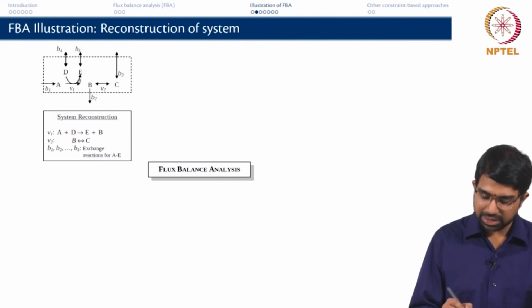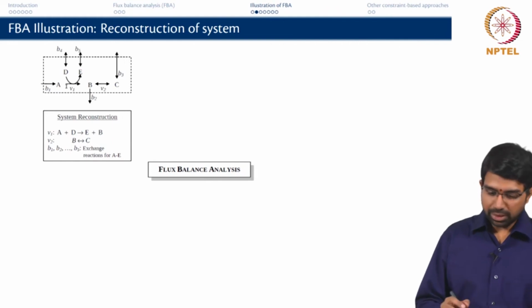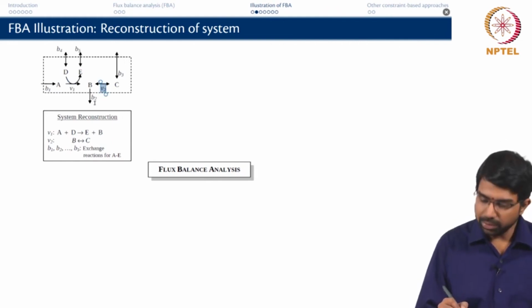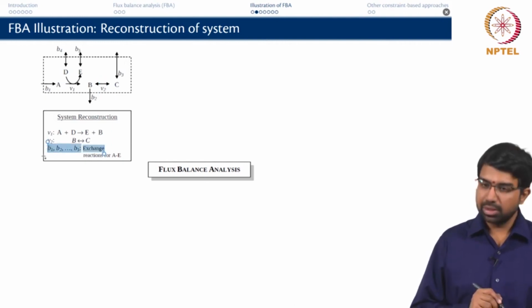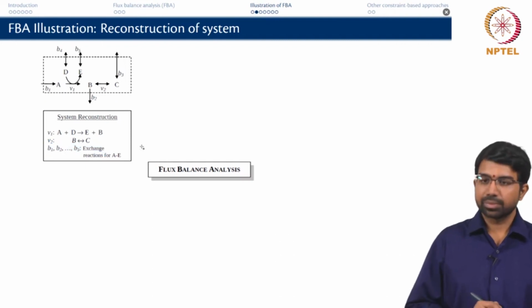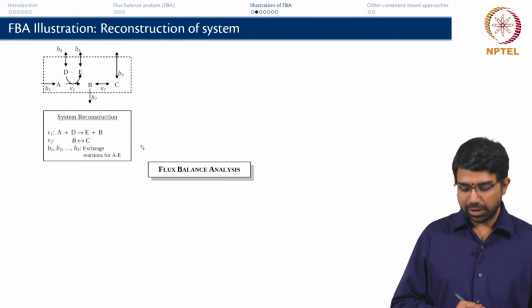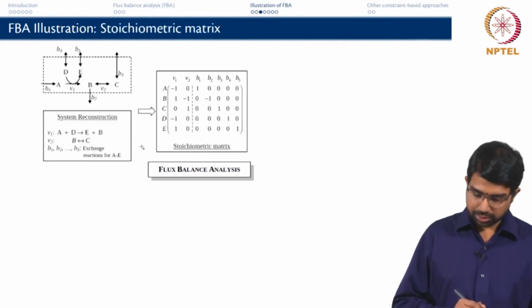It is basically A plus D giving E plus B. This is how you normally write in biochemistry, right? ATP becoming ADP or something like that. So that makes it 7, right? So you have two internal reactions, V1 and V2, and you have a bunch of exchange reactions, B2 to B5. Fair enough? So the stoichiometric matrix will therefore be 5 cross 7. And it will look like this.